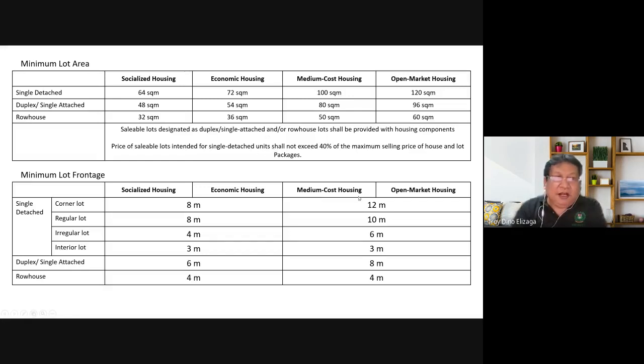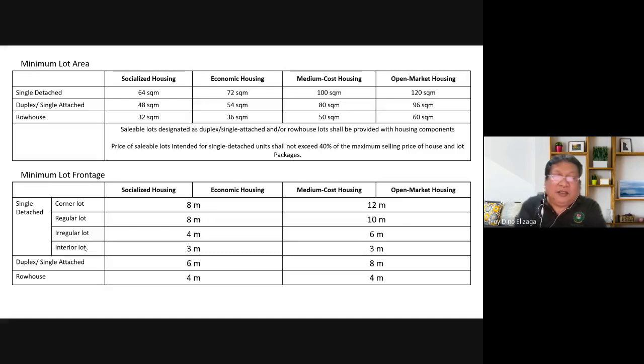And then for the front, the minimum frontage depends on what type of lot. If it's a corner lot, or a regular lot where only one side is open to a road, or it's not rectangular and it's interior, you need a special road to reach your own property, that motor court.